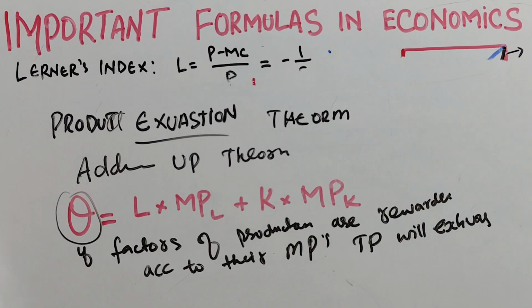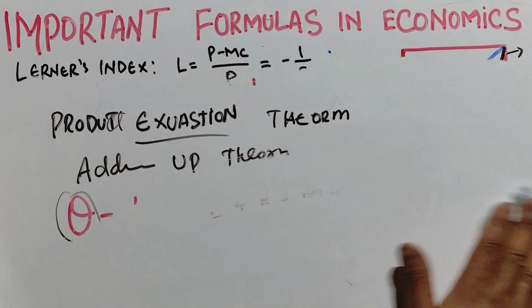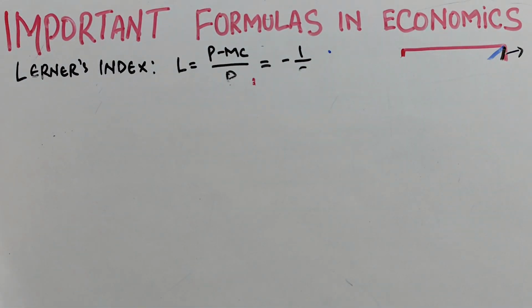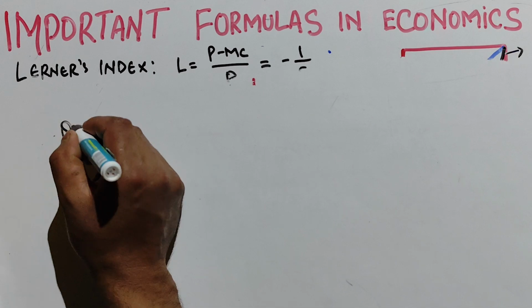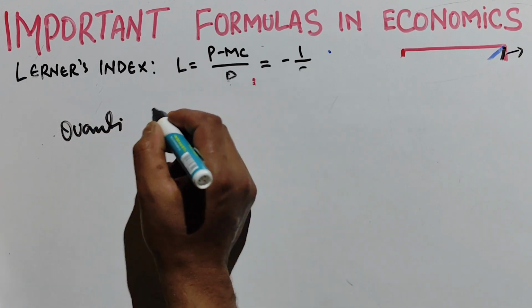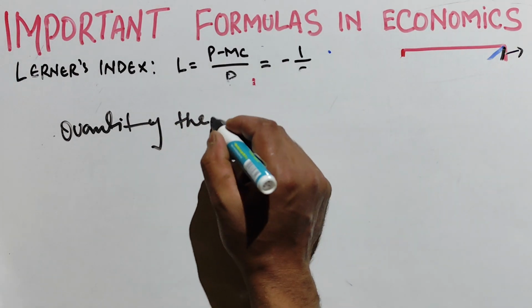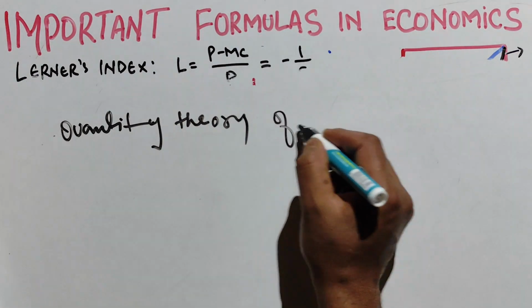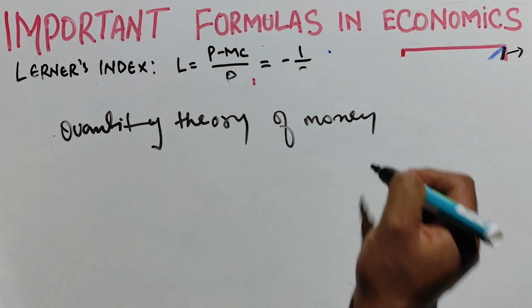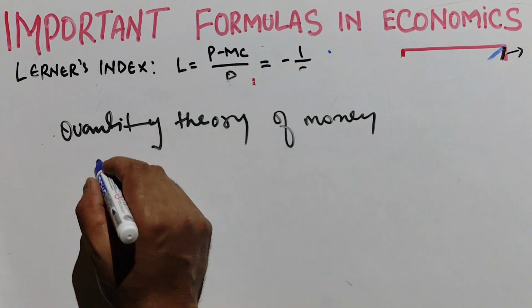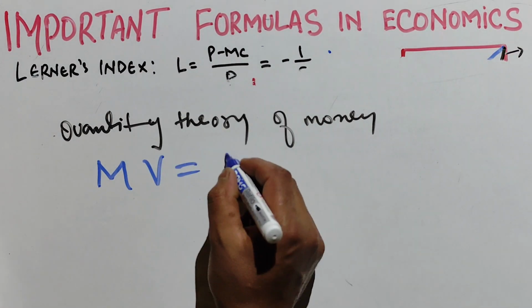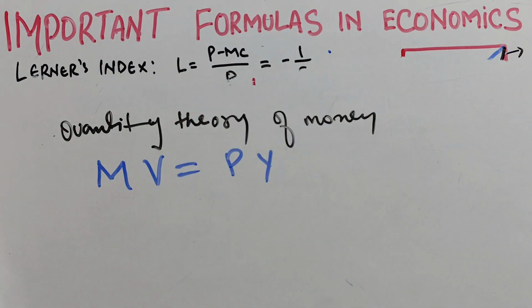Now we have another one, if I can recall, the quantity theory of money. Its formula is MV = PY. We also call it the equation of exchange.